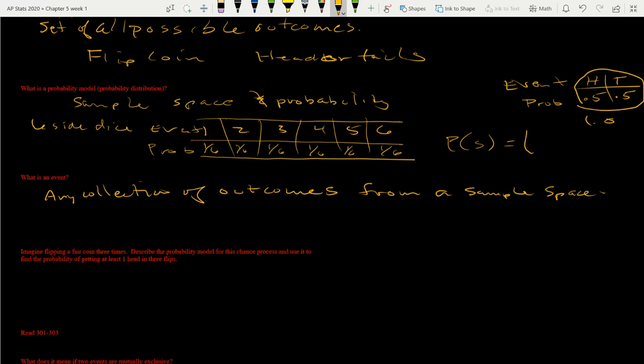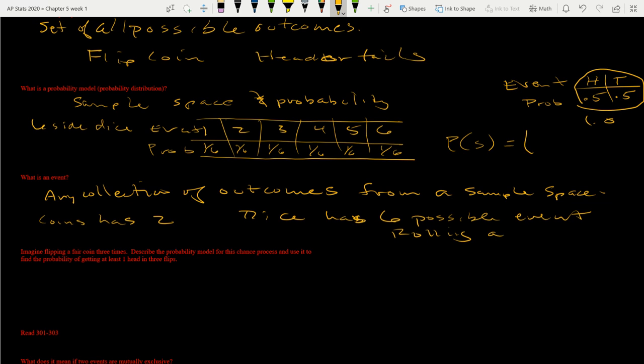So in other words, a coin has 2 of them. A dice has 6 possible events. So like rolling a 1. Rolling a 1 is a possible event, okay?